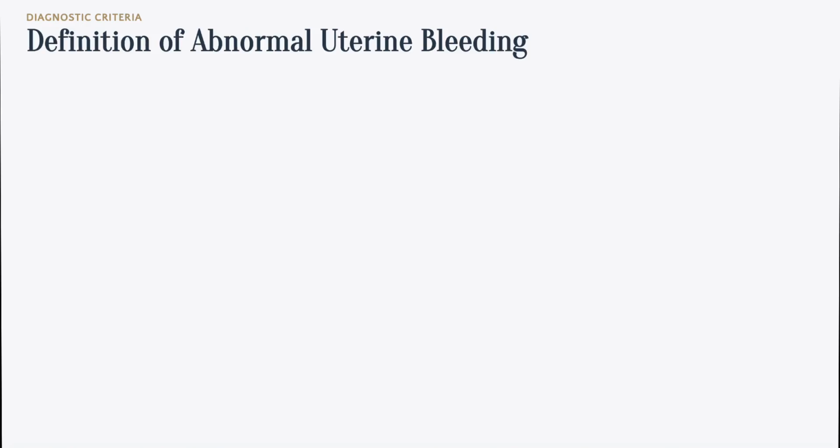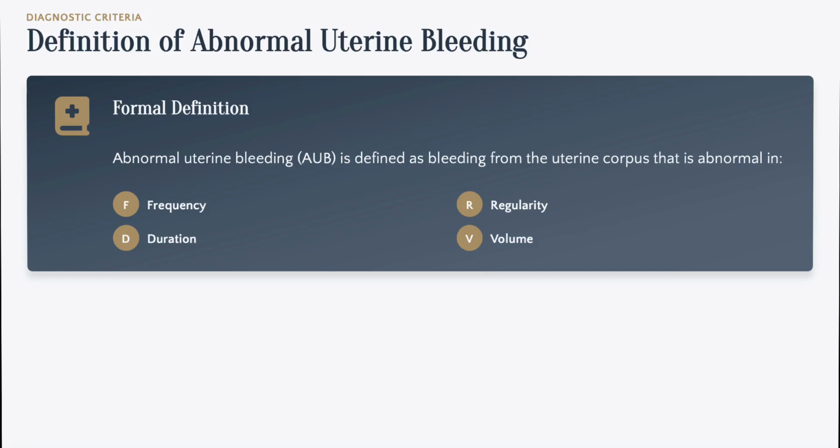So how do we formally define abnormal uterine bleeding? According to FIGO, abnormal uterine bleeding is defined as bleeding from the uterine corpus that is abnormal in frequency, regularity, duration, and volume.